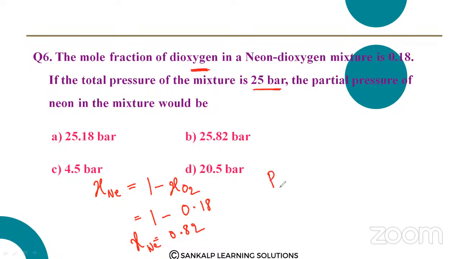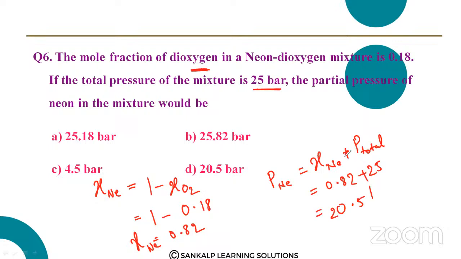So the partial pressure of neon is psi of Ne into the total pressure. It is 0.82 into 25, which comes to 20.5 bar. Just a second.